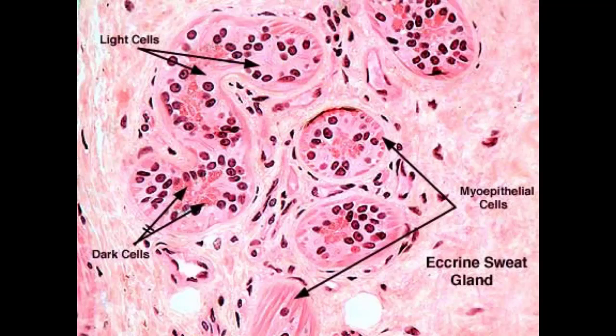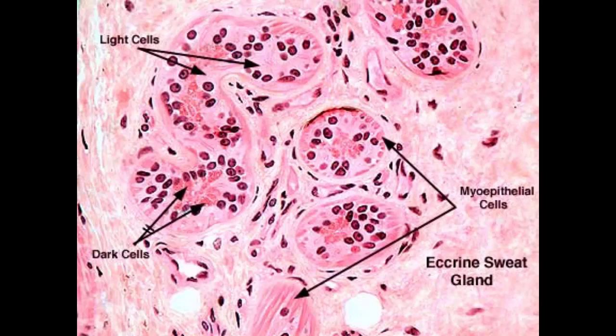They have abundant rough endoplasmic reticulum and secretory granules, and they have some kind of protein secretion, but the proteins are not contained in the sweat in high concentrations.